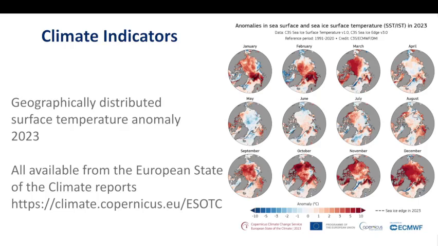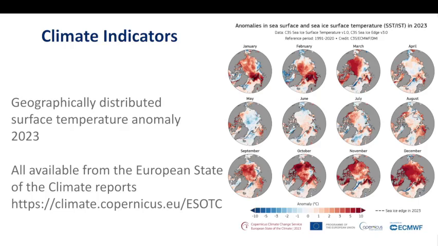Here you can see the geographical distribution of the surface temperature anomaly for 2023, and we see that especially the winter months and the autumn months have large areas in the inner Arctic and along the ice edge with warmer than average temperatures.